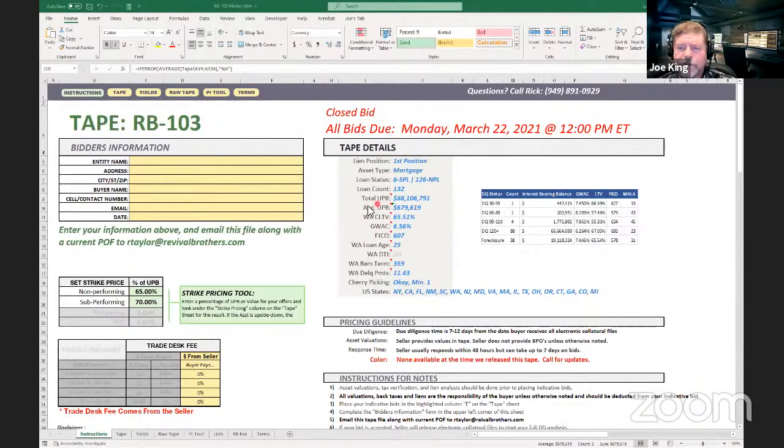So this average UPB tells me that each asset is, on average, around $680,000. There's going to be some that are lower and some that are higher, but on average, you're in that 680,000 range.